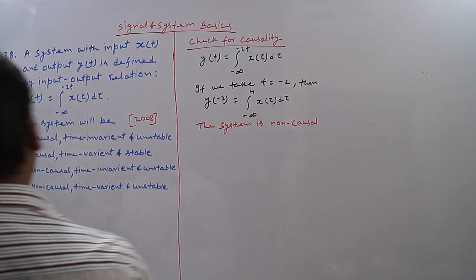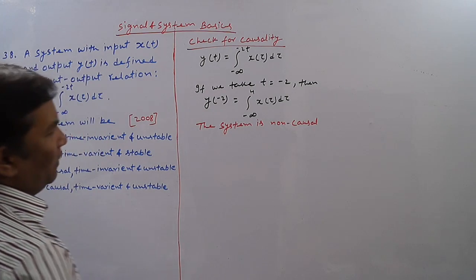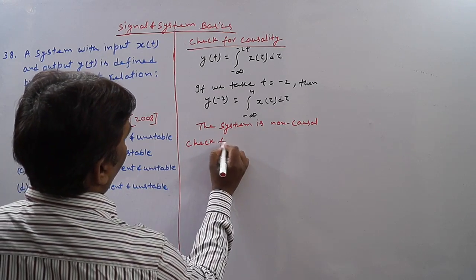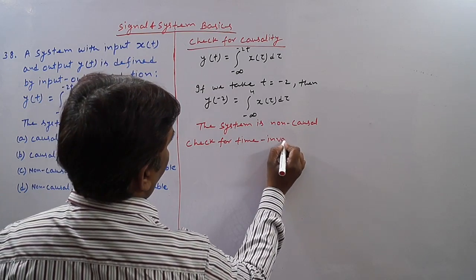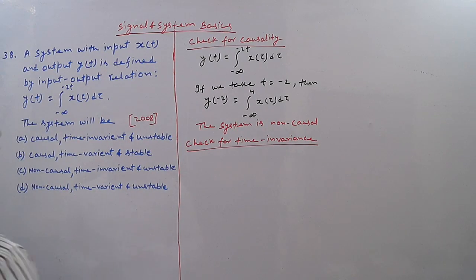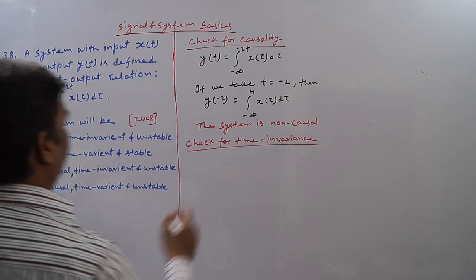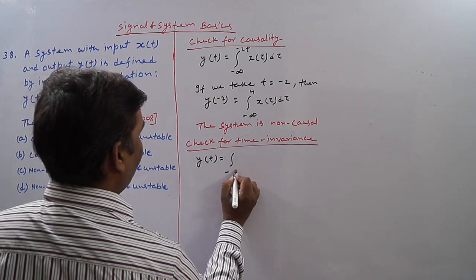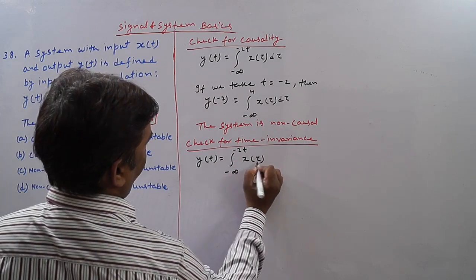Now let us check for time invariance of the system. It is given that y(t) is equal to the integral from minus infinity to minus 2t of x(tau) d tau.